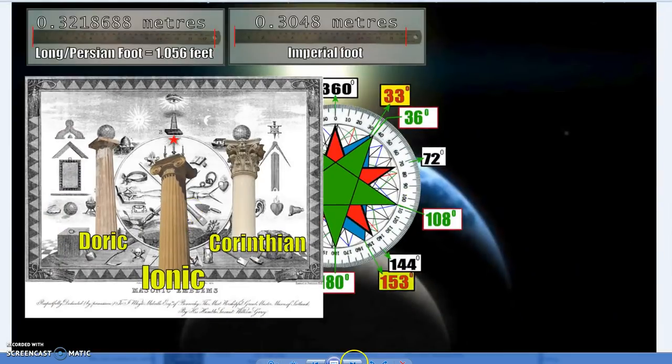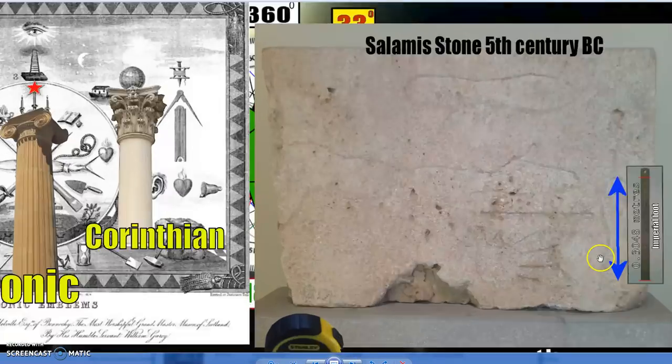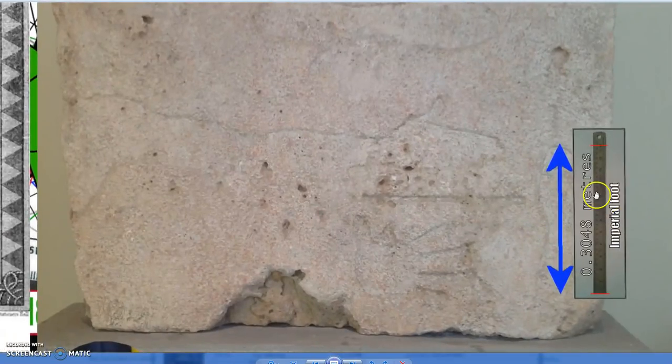Now, what's also interesting is that Mark Wilson Jones uncovered the Salamis stone. So we have a foot here, a ruler here, and a ruler to the bottom of the stone. This stone, the complete one, is at a ratio of 2 to 3, or the vesica. But the so-called modern English foot is actually seen in ancient Greece.